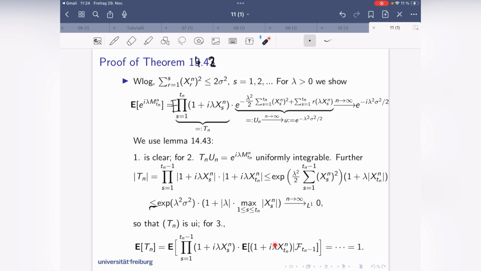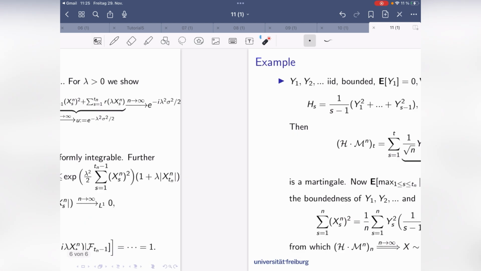But the expectation of x t n given F t n minus 1 is 0 because I have a martingale. I never used that I have a martingale up to now, but now I use it like this. So here I have 1, and I can continue this until the start, and I get a 1 here. And I'm done because then I can really apply lemma 14.143 for the proof.